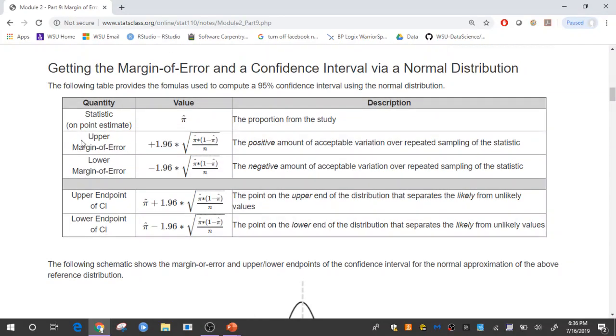The upper margin of error is simply 1.96 times the square root of pi hat times 1 minus pi hat, all divided by n. The lower margin of error is that same quantity, except I'm going to use minus 1.96 instead of the positive 1.96.